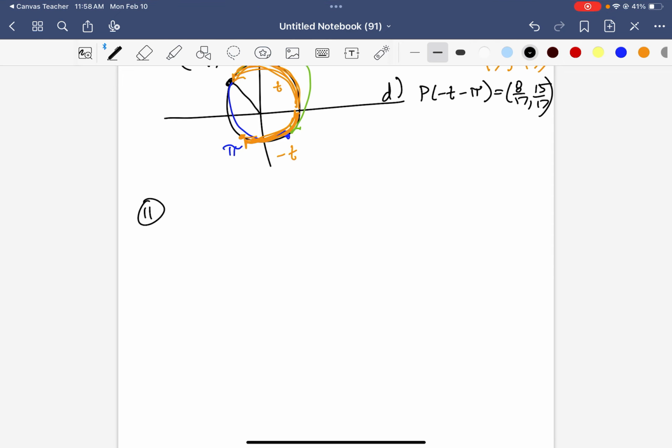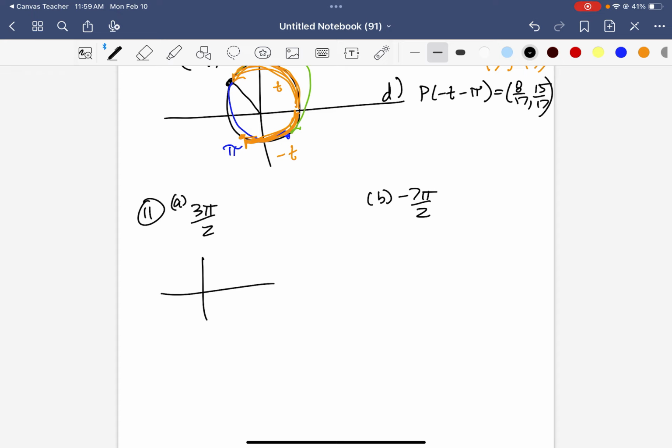So if I look at number 11, it's got 3 pi over 2 for A, and for B, it's got negative 7 pi over 2. It says find the point on the unit circle that corresponds to these.